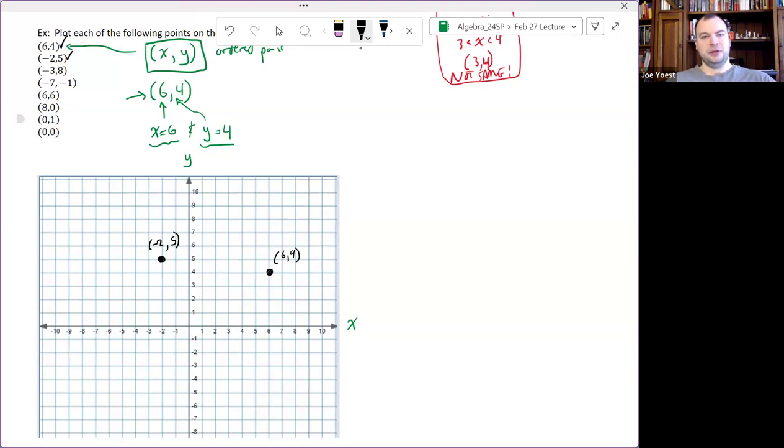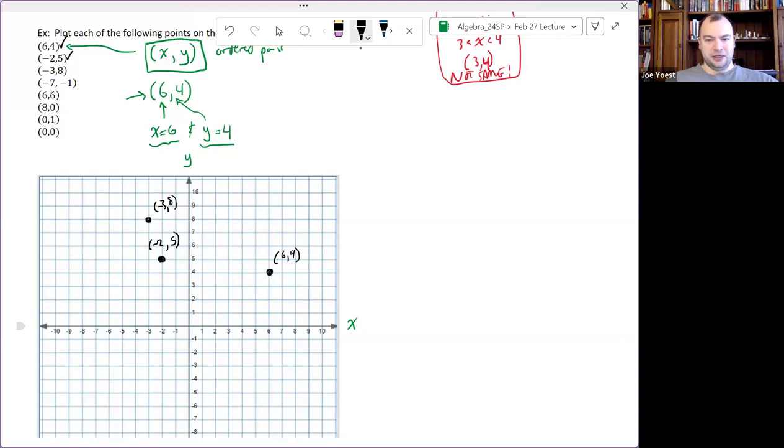So we've got these two. Now (-3, 8). If I want -1, -2, -3, going to the left 3, and then going up 8. There's (-3, 8).